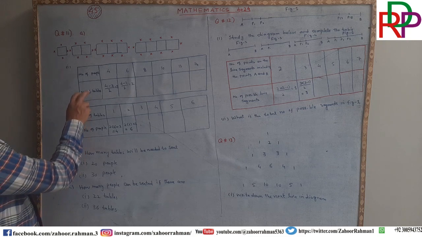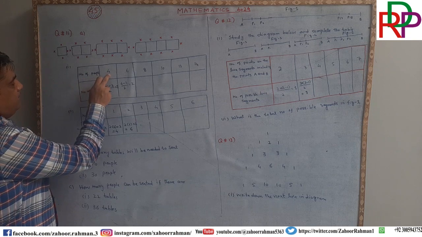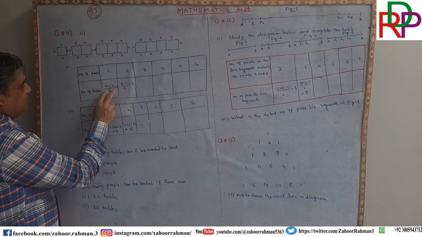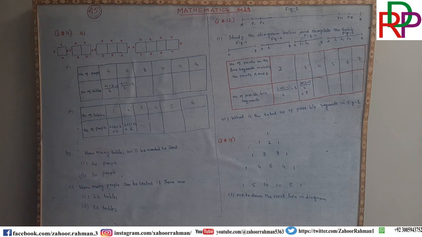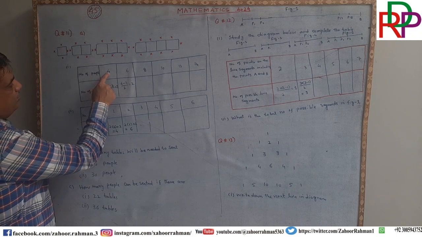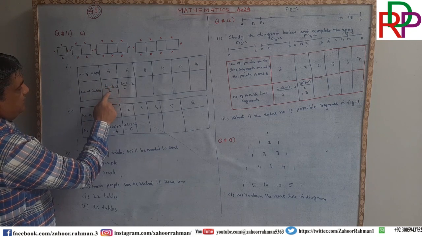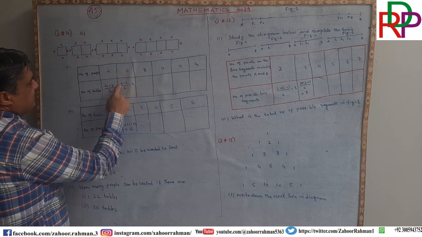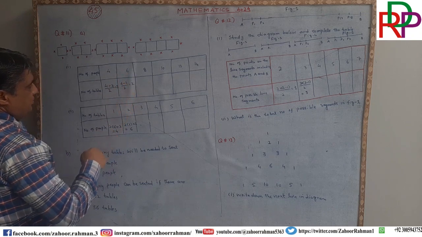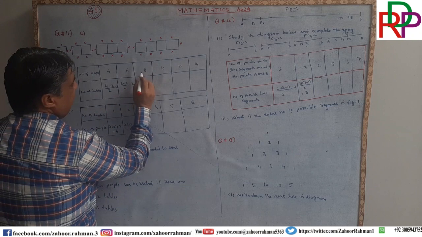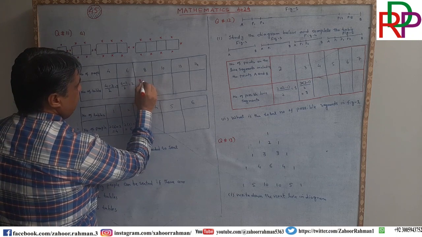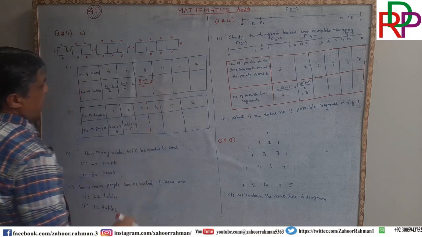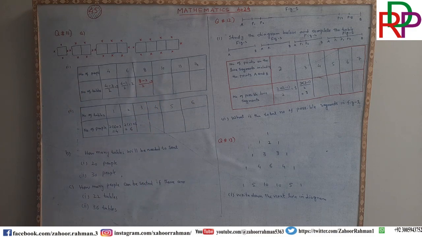The first two are done for you. They are saying if the number of people is four, then the number of tables is given by the general formula. If there are four, then 4 minus 2 divided by 2. If there are six people, 6 minus 2 divided by 2. If there are 8, then 8 minus 2 divided by 2, which means 3 tables will be required for 8 people.